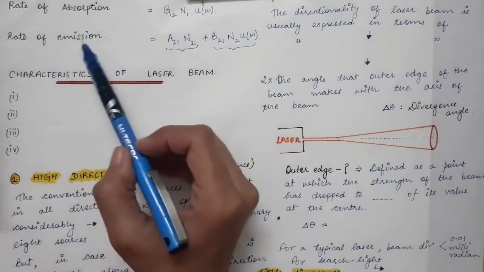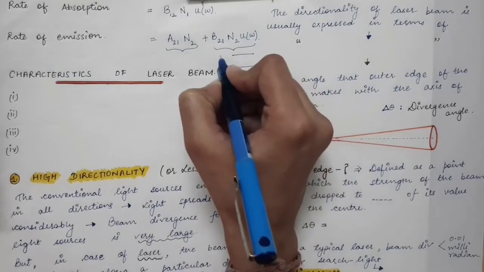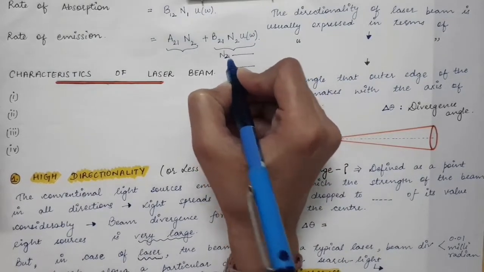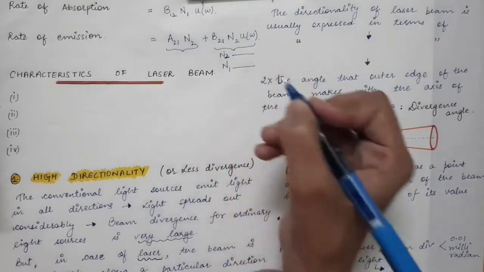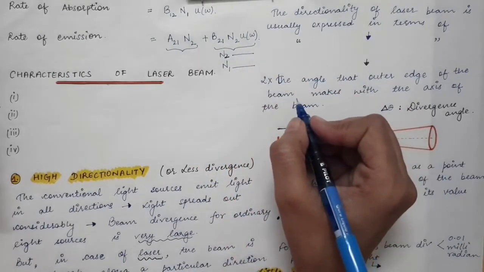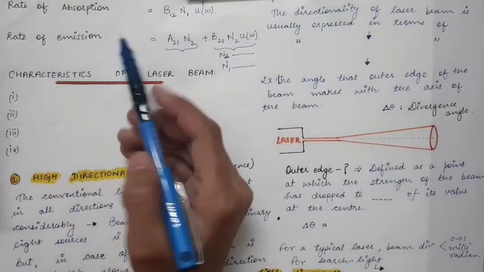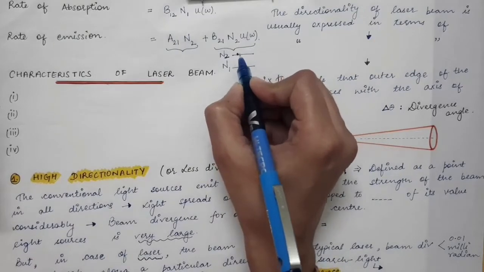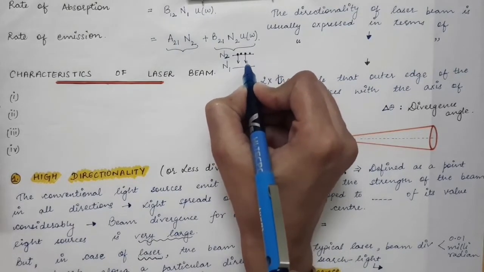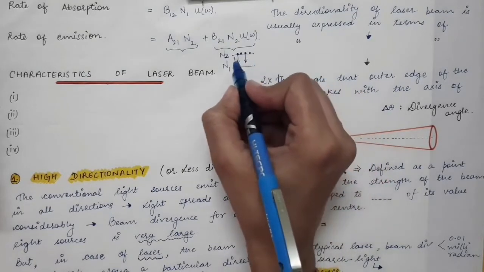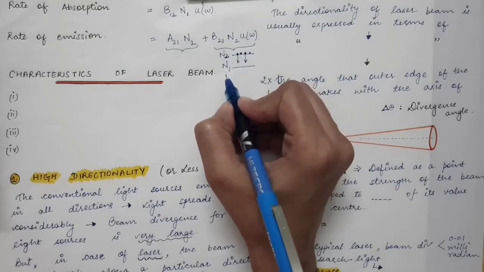Now this rate of emission is in the case of a two-level oscillator, where N2 is the number of atoms in unit volume in the excited state and N1 is the number of atoms in unit volume in the lower state. Rate of emission means the atoms in the excited level go to the ground state, so the number of atoms in the excited level decreases with time.